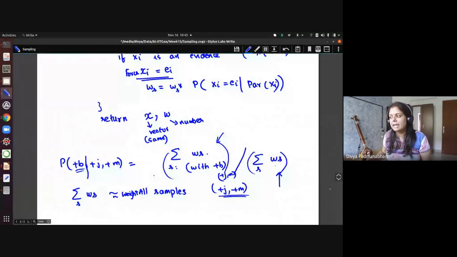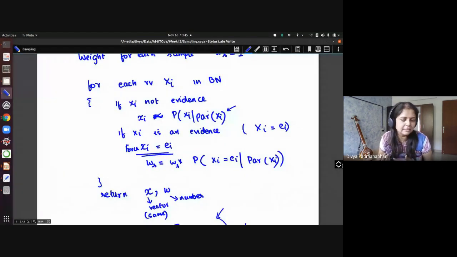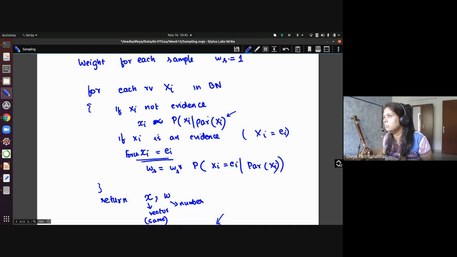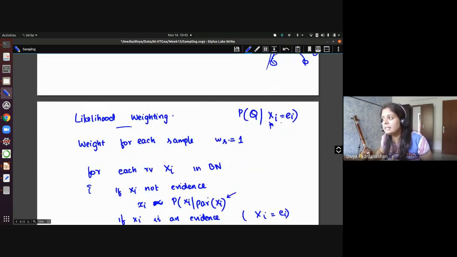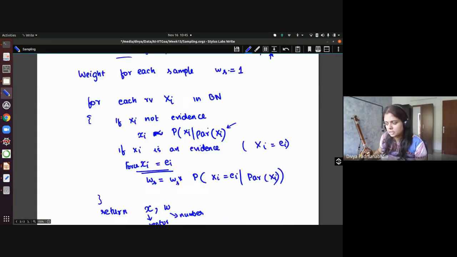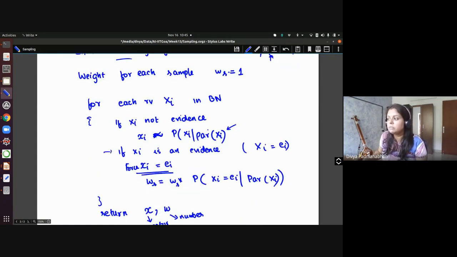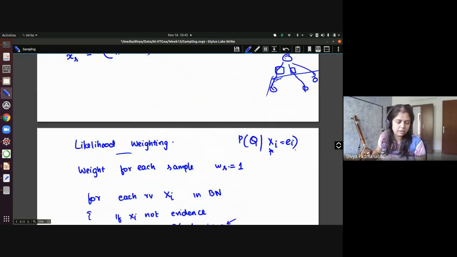So again, we've made some progress in this direction of not wasting a lot of samples. But one thing that changes here is, if you think of it, this evidence is something that you know beforehand. What is the purpose of sampling? You know that this is a probability you want to get from your samples. Until you reach this evidence variable, you're not going to make use of it.